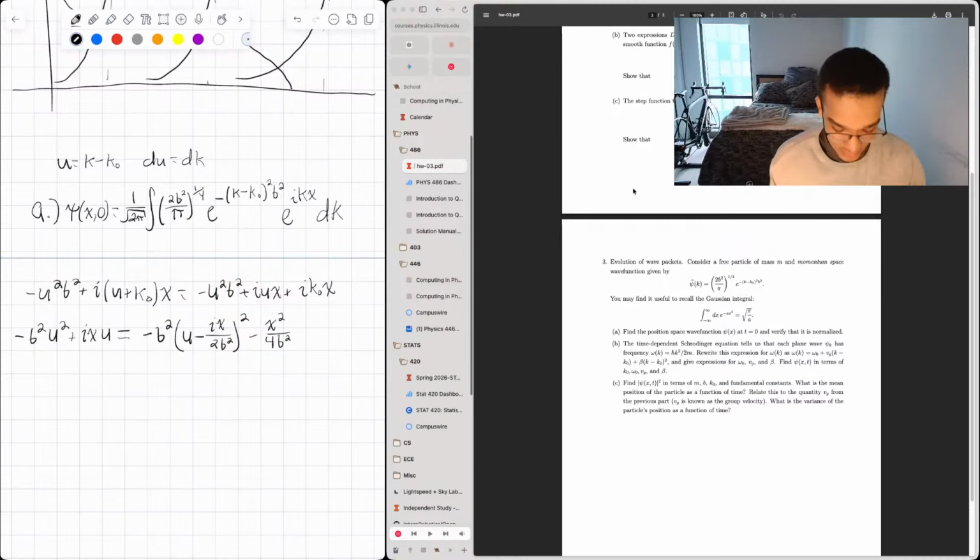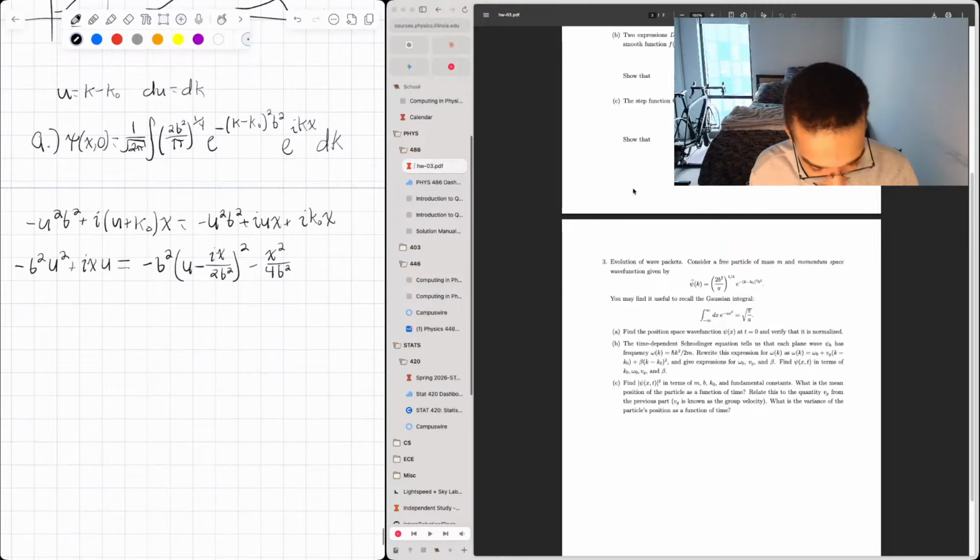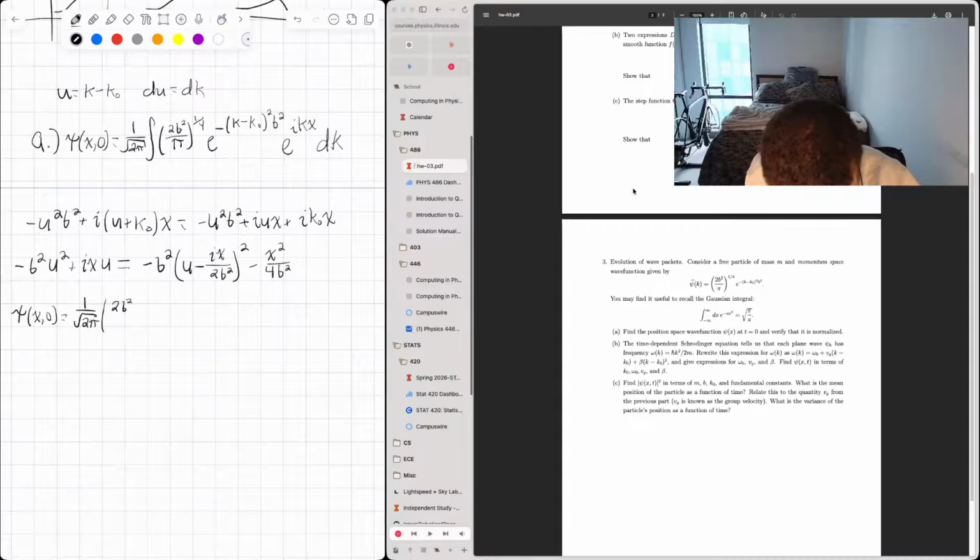Okay. And so all that stuff comes out of the integral, x comma 0 equals 1 over ik naught x e to the minus x squared over 4b squared.